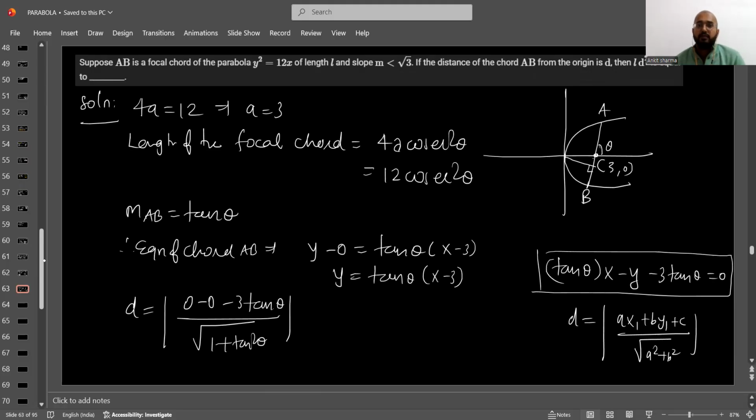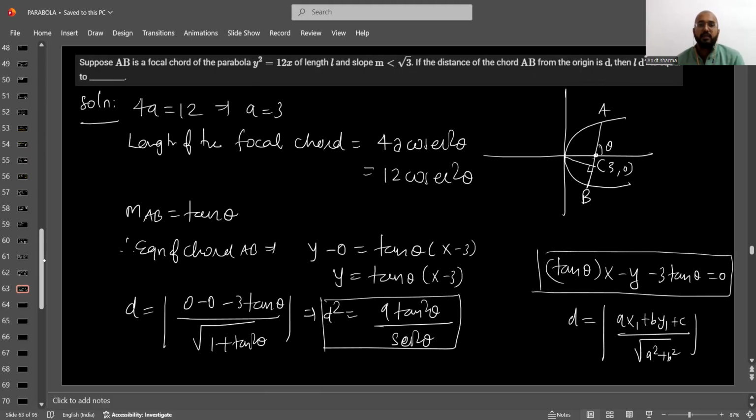So now what do we need? We need L into D square. So D square would be simply 9 tan square theta over 1 plus tan square theta, which is 9 tan square theta over sec square theta. So we got D square.